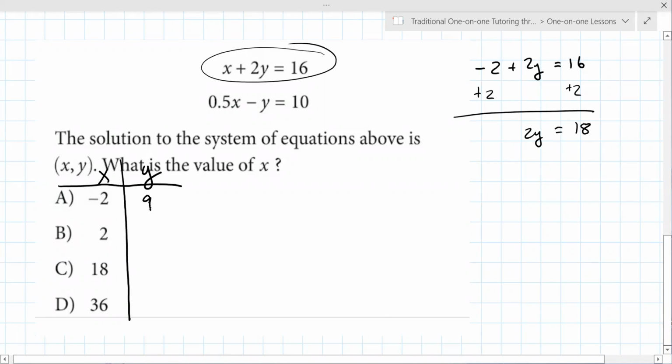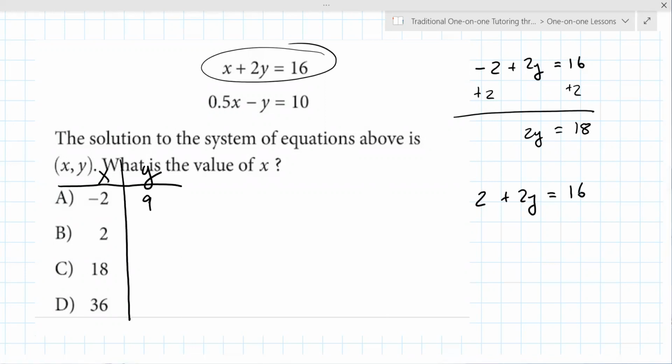Now let's do the same thing for the second number. Okay. So x is in the second answer here. X is 2. 2 plus 2y equals 16. Can you solve that for y, please? Yeah. All right, that's the exact same answer.